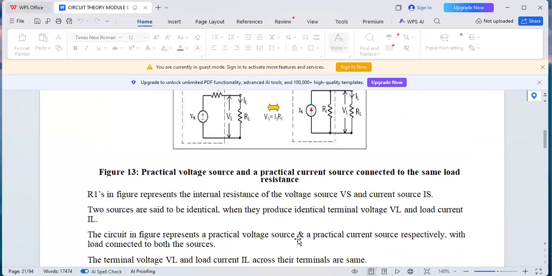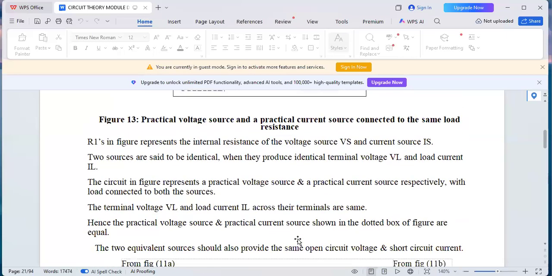So a voltage source and a current source with load connected to both the sources. The terminal voltage VL and load current across their terminals are the same.